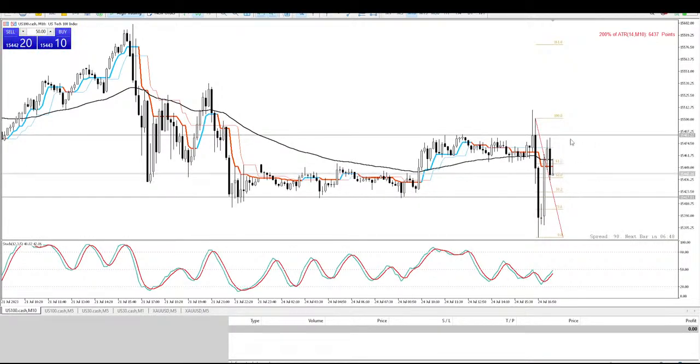We had this engulfing 10-minute candle here, a bearish engulfing. And if we didn't have these rejections here, I would have been more confident in saying maybe we'll be going short.